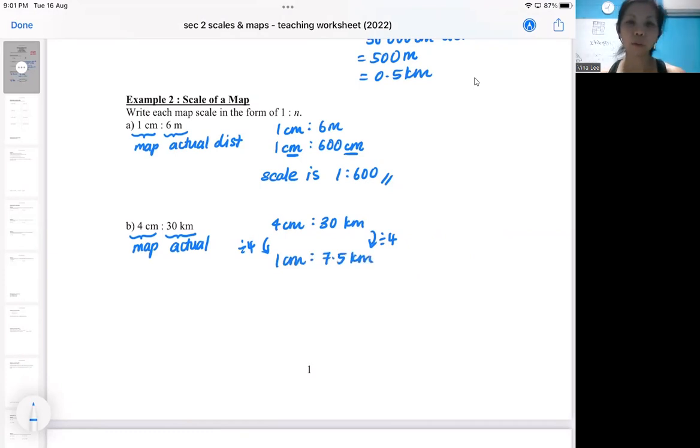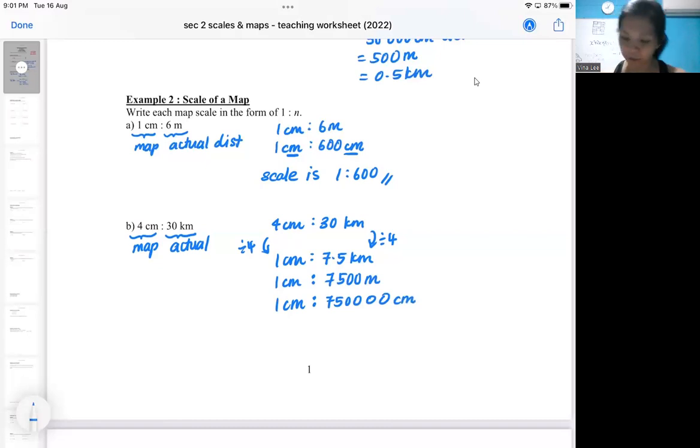So usually I will do the conversion after I get 1 centimeter on the map. And usually I will try to convert very slowly. I will convert to meter first before I convert to centimeter. So I try not to jump step because there are too many zero involved.